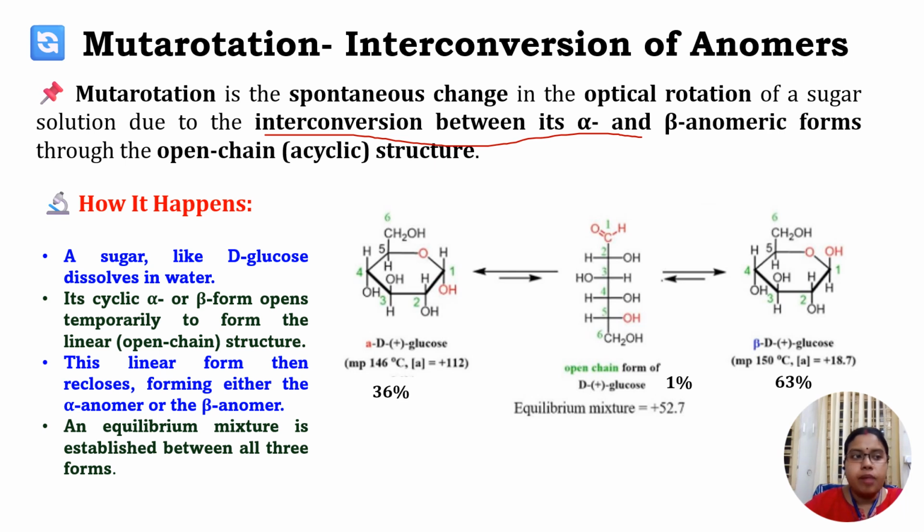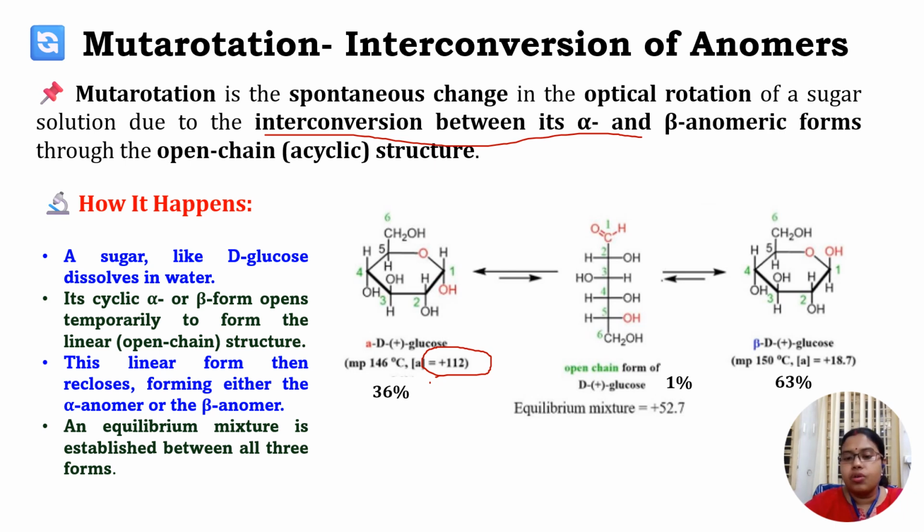If any form is dissolved in water, let's take the alpha form. If it is dissolved in water, the specific rotation of alpha D-glucose decreases from 112 degrees. Normally, alpha D-glucose has a specific rotation value of 112 degrees.